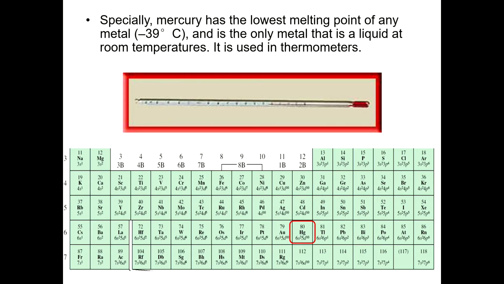But we know mercury has a low melting point, which is totally different from the other metals.